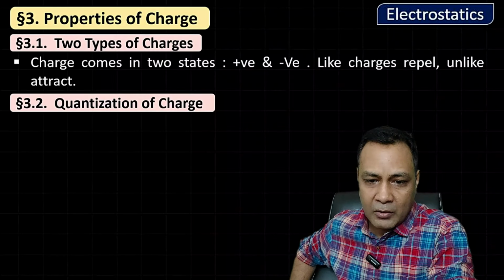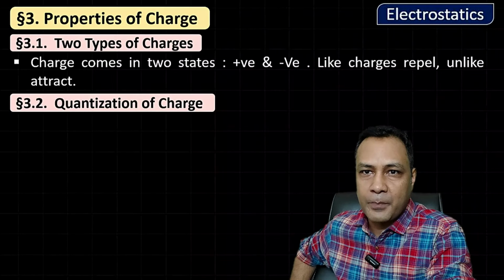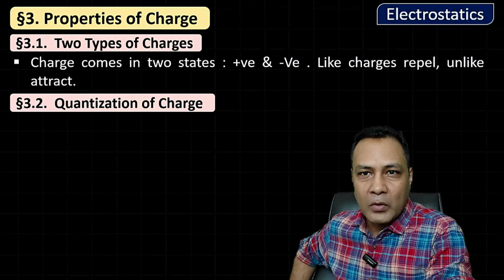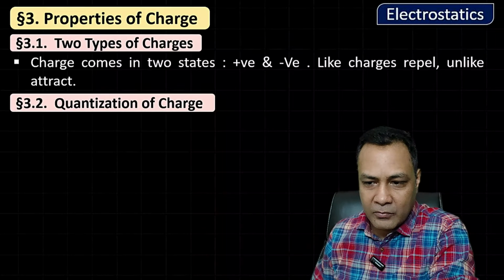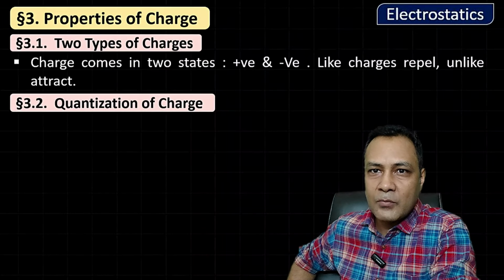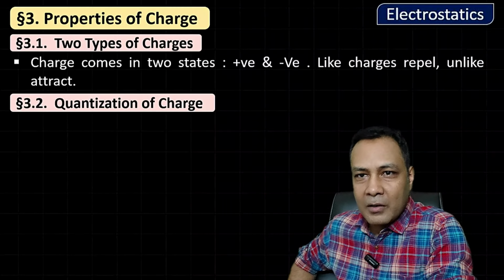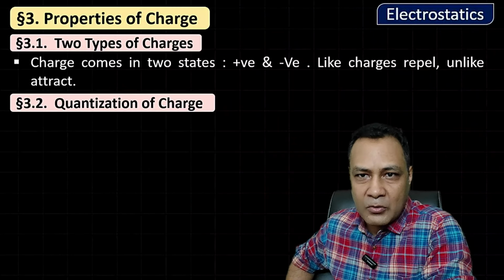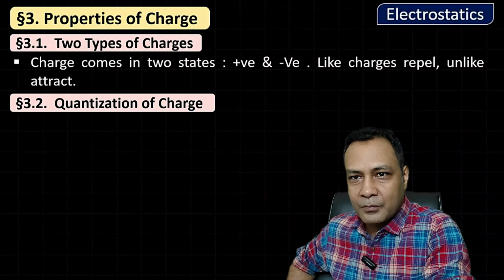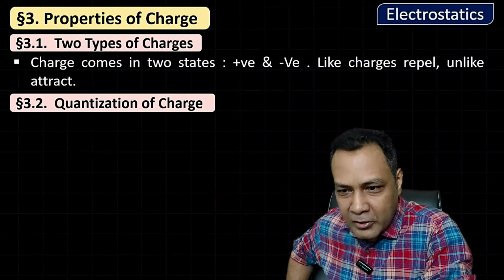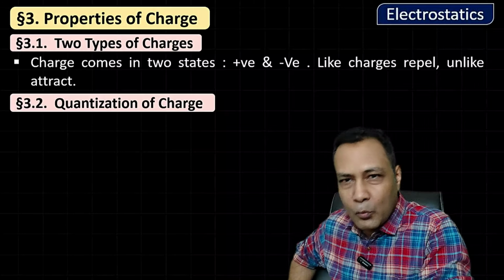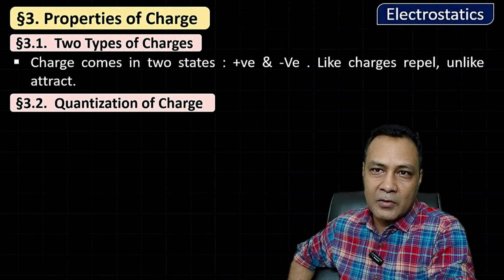Now this is the important thing, quantization of charge. What do you mean by the word quantization? When we say quantized, it means something which comes in certain packets. Like, suppose we use currency notes. Suppose demonetization comes again, and Narendra Modi demonetizes all notes except the rupees 500.